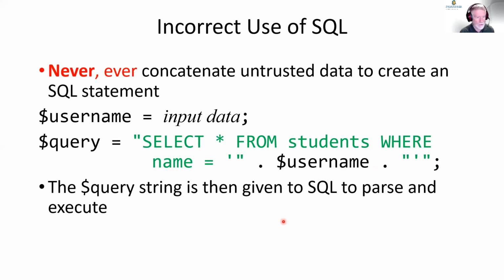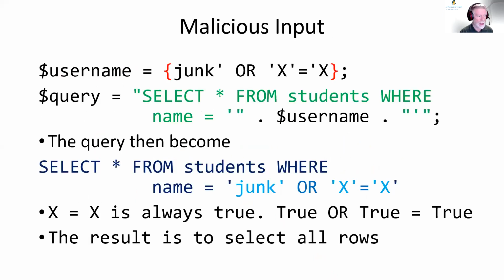So we're going to get the information from the students table where it has this particular student's name. And then you give this string to SQL, have it execute that string, parse it, run it, and do the whole thing. That has a lot of problems. Let's take a look at why.